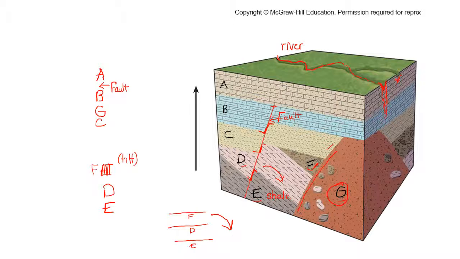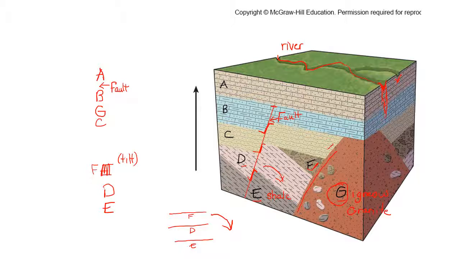It did not form horizontally. G is igneous. This is magma that pushed up through the layers. So is that most likely to be marble, quartz, granite, or shale? Obviously not shale because we already used that and that's sedimentary. This is most likely granite. An igneous rock that hardens underground is often granite.